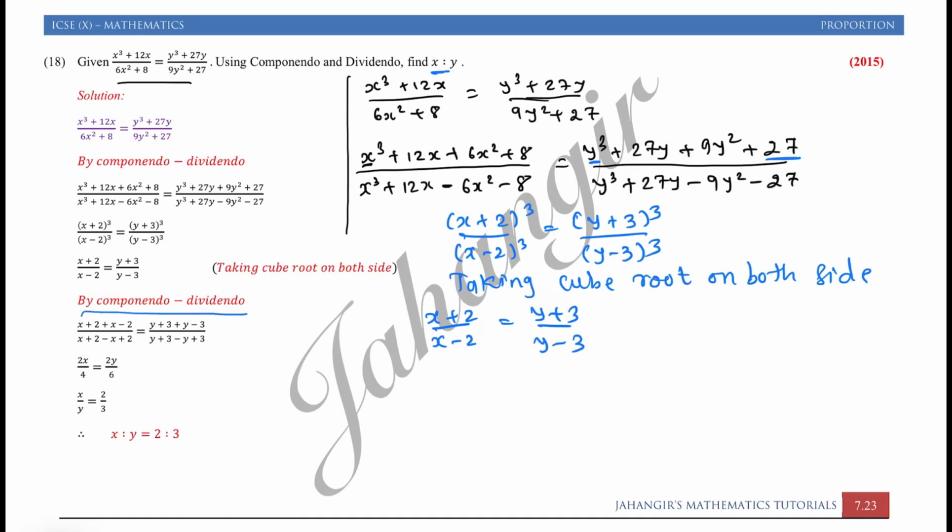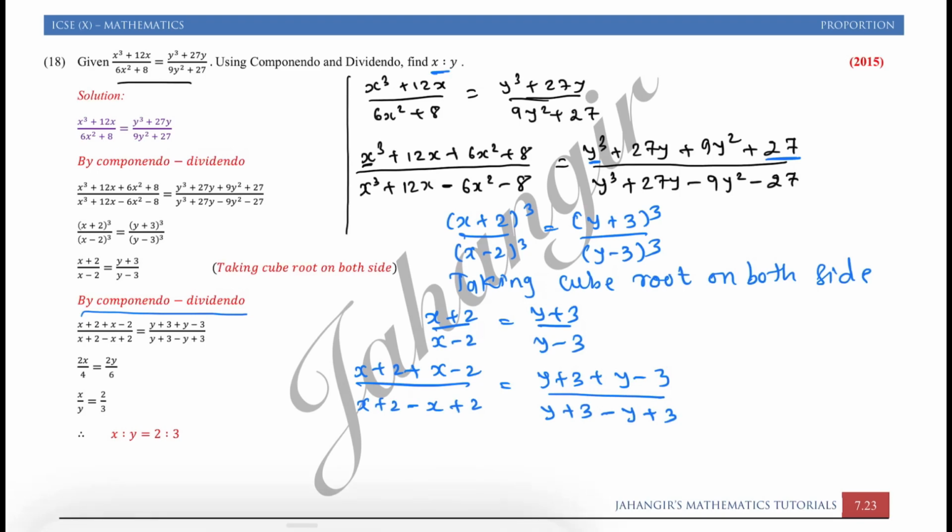So by componendo dividendo I can write (x plus 2 plus x minus 2) whole upon (x plus 2 minus x minus minus plus 2), that is equal to (y plus 3 plus y minus 3) whole upon (y plus 3 minus y minus minus plus 3).